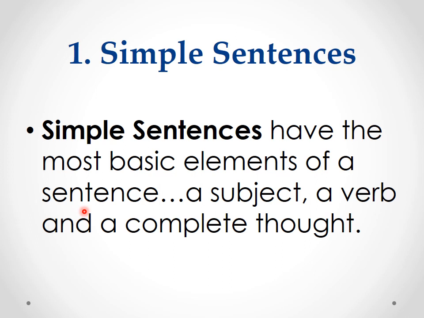These sentences are usually used at the beginning of a paragraph or essay because they put forward points very clearly and are easy to understand. A simple sentence has the most basic elements of a sentence: a subject, a verb, and a complete thought. Now let us see the examples.